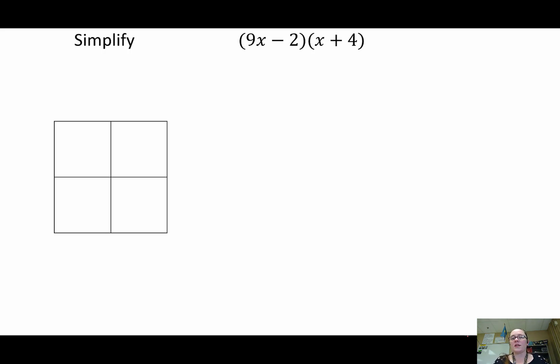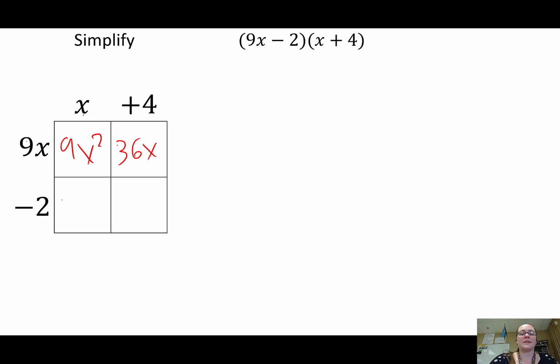So I have a binomial times a binomial, so my box is going to be 2 tall by 2 across. And I get 9x minus 2 on the side and x plus 4 on the top. From here, guys, it's just multiplying. 9x times x gives me 9x squared. 9x times 4 gives me 36x.